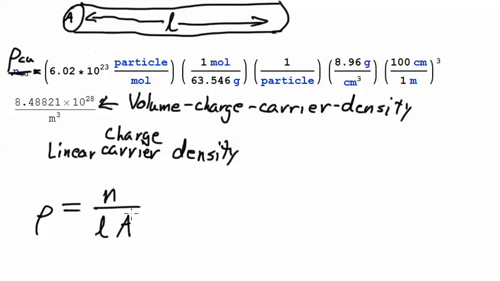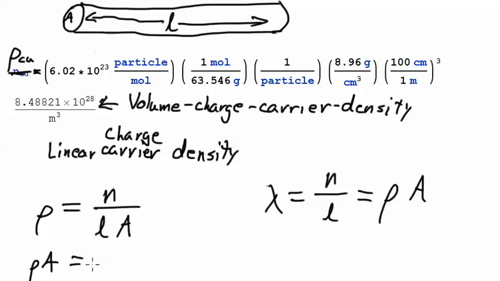And so that's the density, and then we can find the linear density, which previously was called lambda on the Wikipedia site. So this is just N over L, which would be rho times the area. If I multiplied both sides of this by area, I would get N over L.